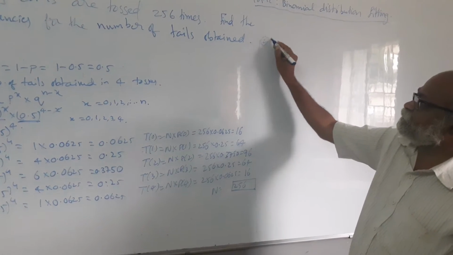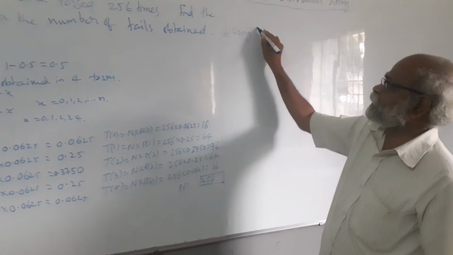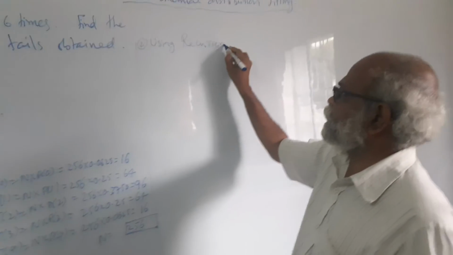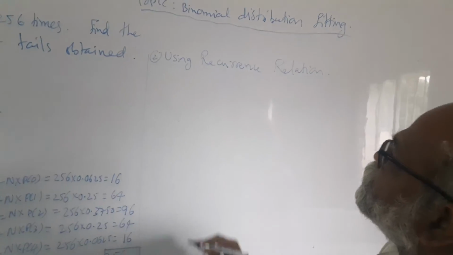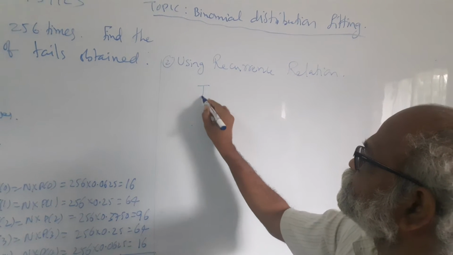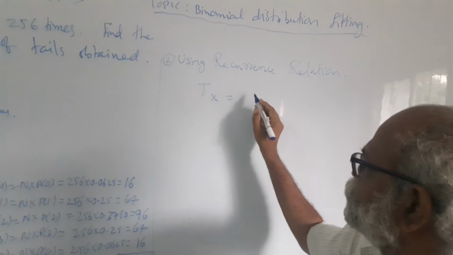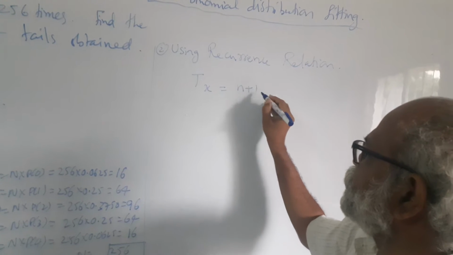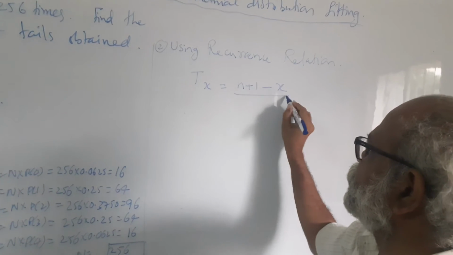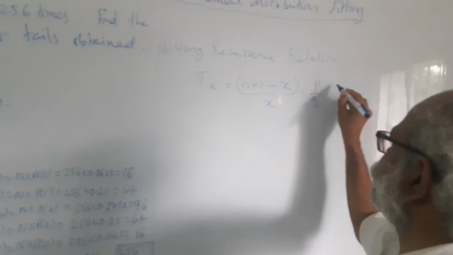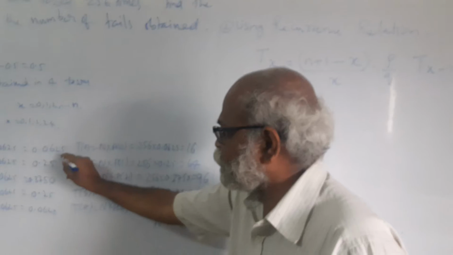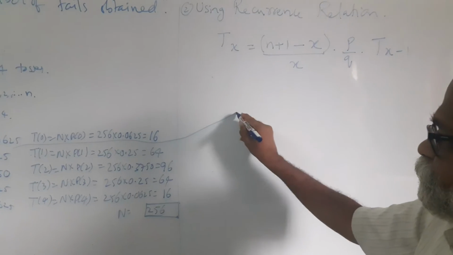Second method, using the recurrence relation: Tx is equal to n plus 1 minus x divided by x into p by q into Tx minus 1.